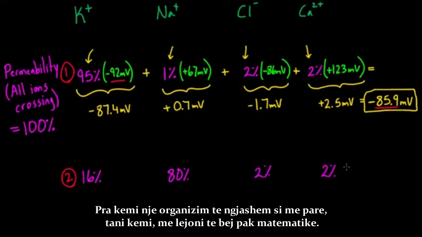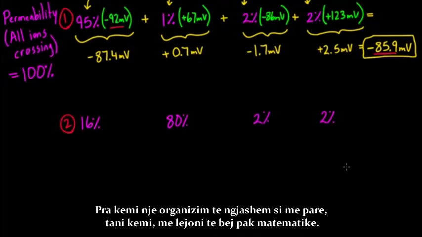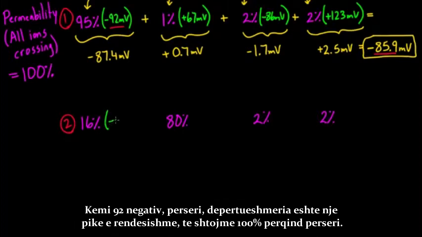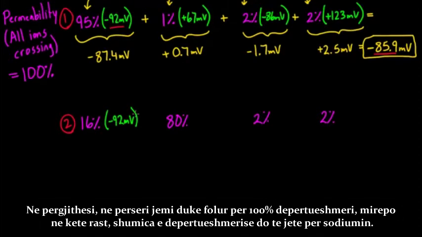So you've got a similar setup as before, and this time, let me do the math. So we've got negative 92 millivolts. And again, the permeability, this is actually an important point, adds up to 100% again, right? Because you've got 16 plus 80 plus 2 plus 2. So overall, we're still talking about 100% permeability, but in this case, most of that permeability is going to sodium.